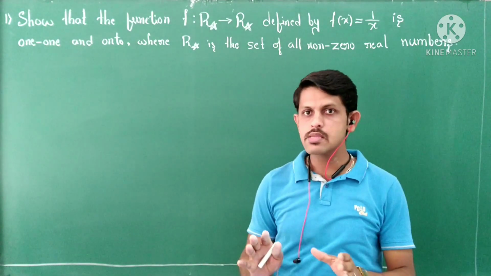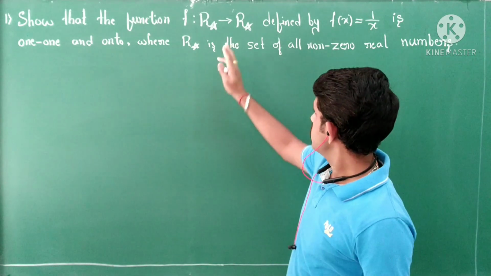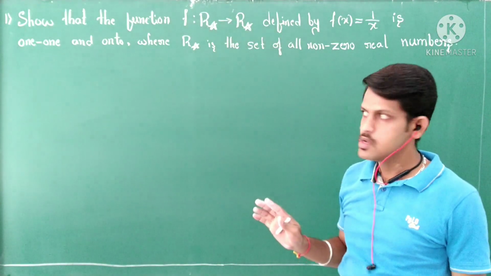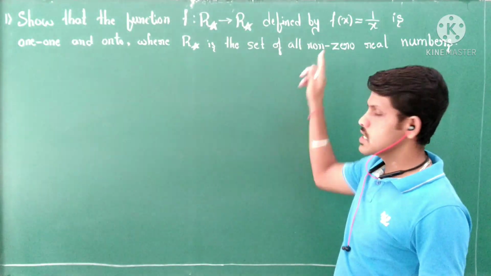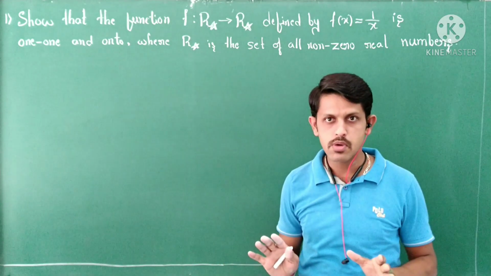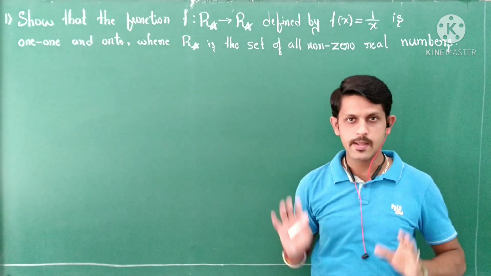Firstly, we have to understand the meaning of the question. Here we have to show that the given function is one-one and onto. R star is the set of non-zero real numbers, so zero is not included.